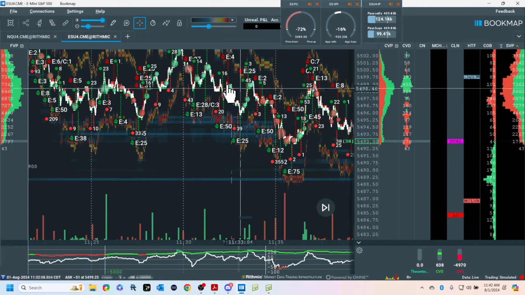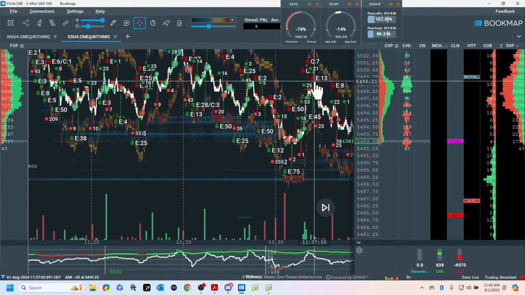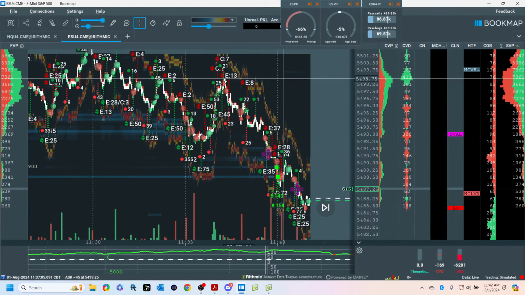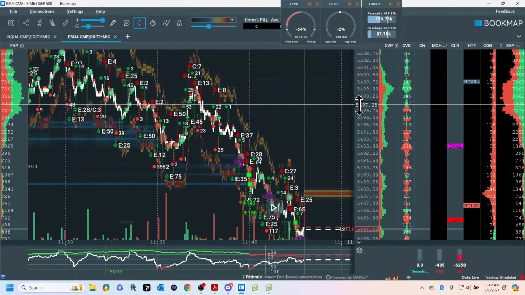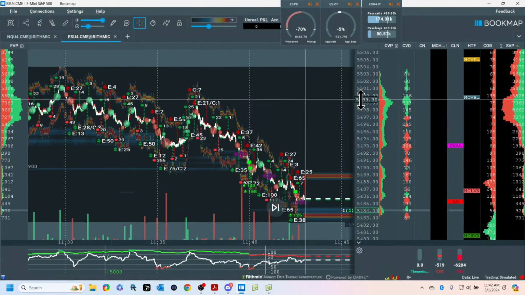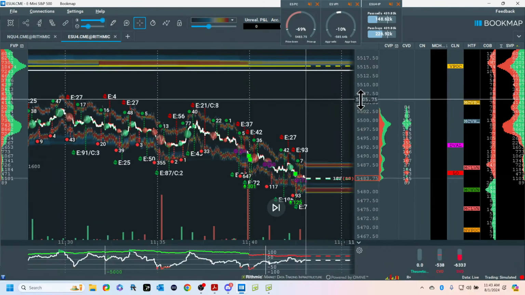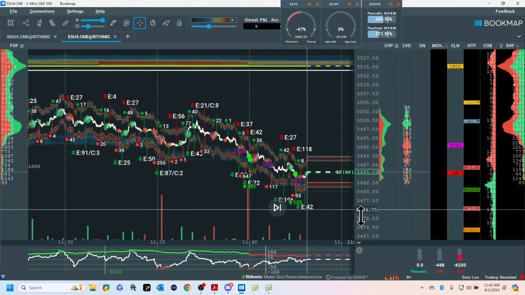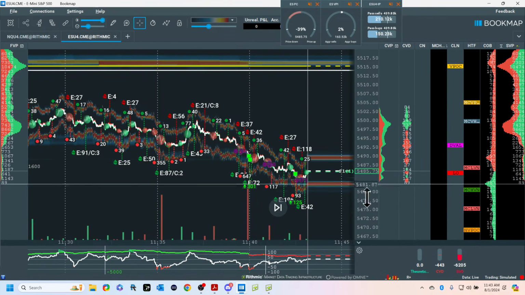Back to here, back to here. These are all shorts. Put it this way, if it turns into a long, I can't get long because I got to stay short. That's the trend. And where's my target? Remember, 54.80 and then 54.70.